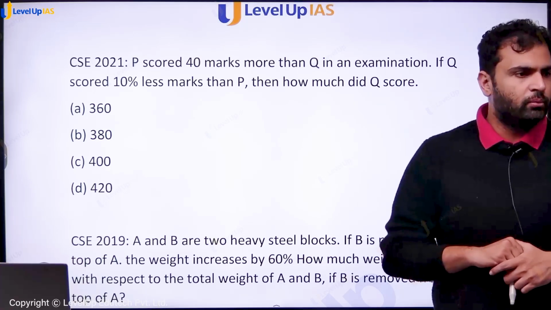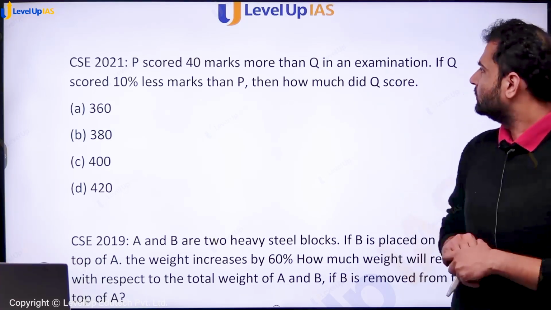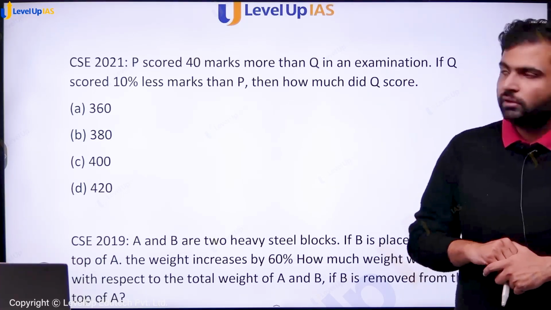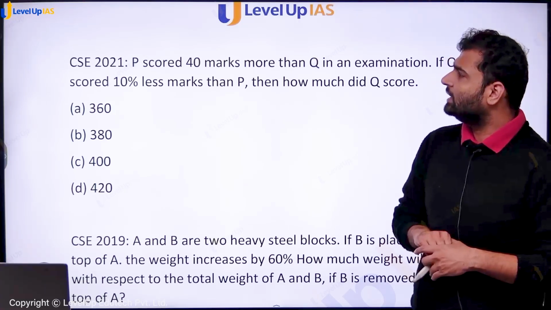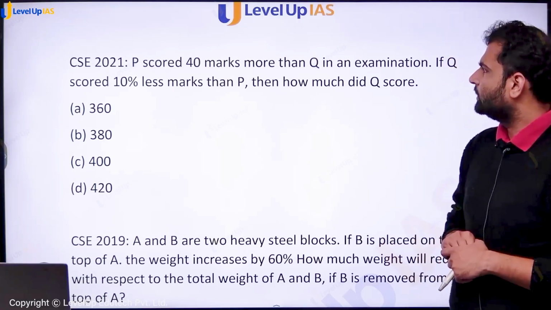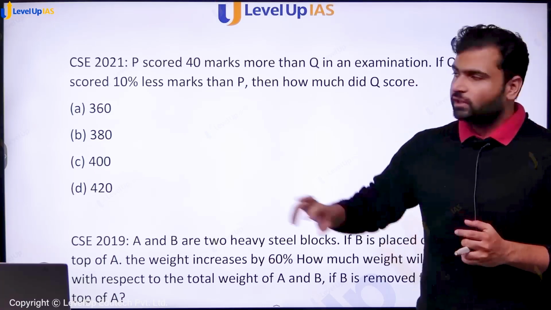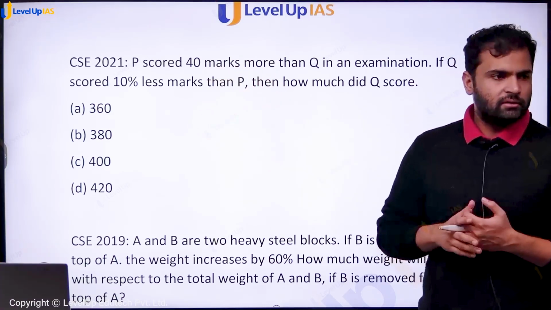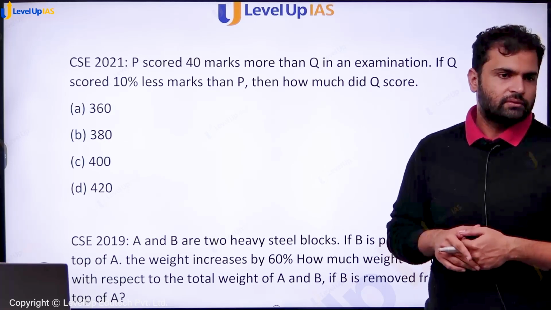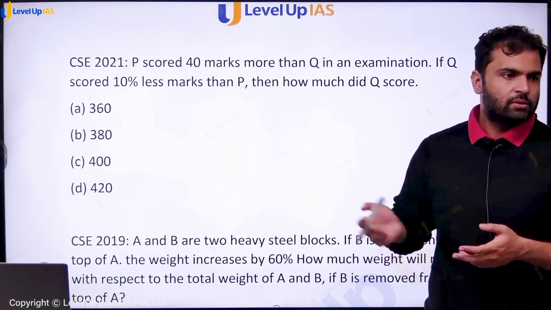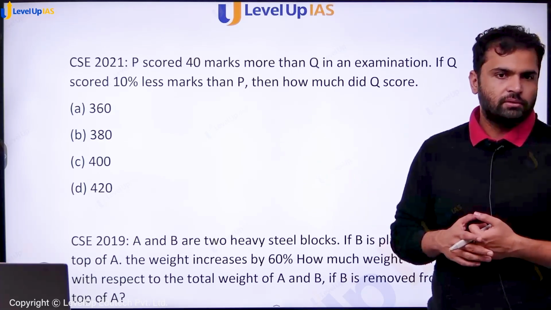P scored 40 marks more than Q, and if Q scored 10% less marks than P, so this 10% is equivalent to 40. What is 100% marks? That is how much P will score.